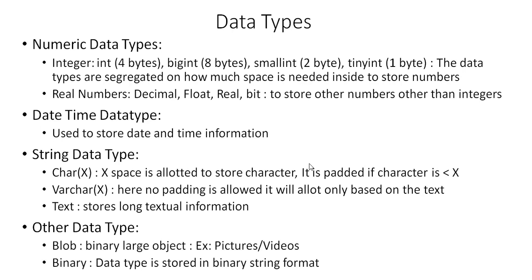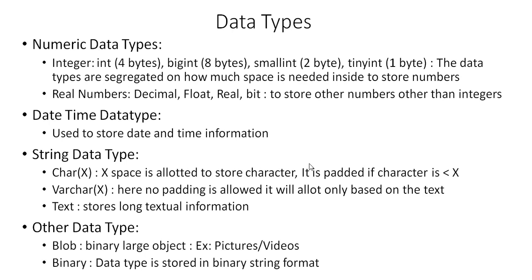Okay, so there is another one called date time data type, which is used to store date and time information. There are several of them, such as date time, small date time, date time offset, date time 2, and time. This is for further reading. You can go into any other tutorial, or you can read up the Microsoft documentation for the various data types.